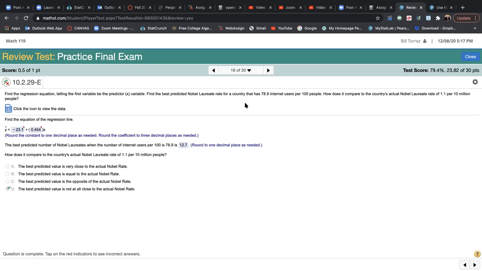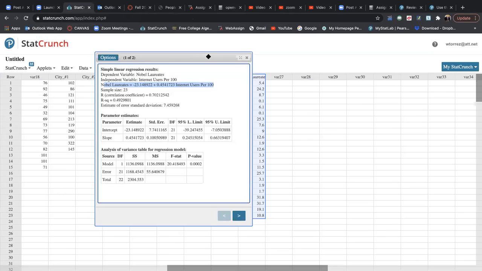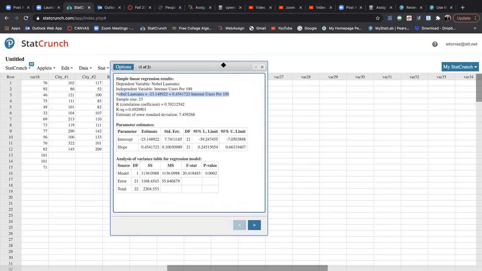So let's go ahead, see what we get here. Okay, negative 23.1 plus 0.45 times internet users per 100. Okay, so our regression line is given there.